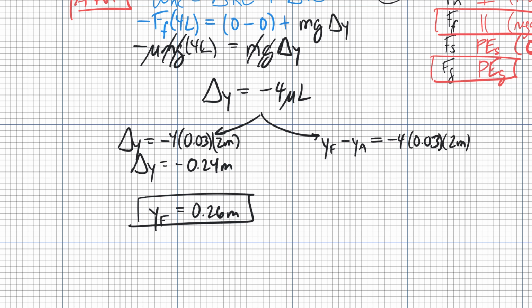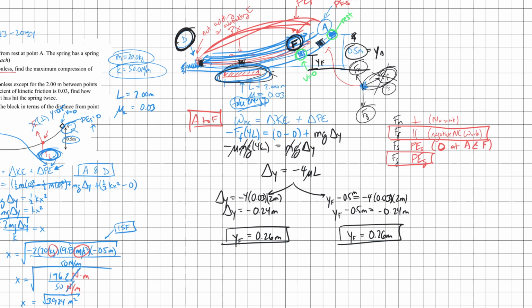And for that YA, we know that your initial height is 0.5 meters. So when you plug all that in, you get YF minus 0.5 meters equals negative 0.24 meters, and then you get YF equals 0.26 meters. Okay, so that's how we do the B part.